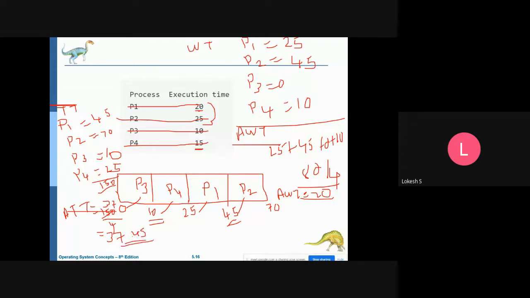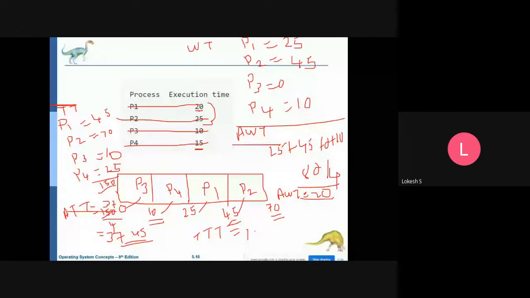So that is the average turnaround time. The total turnaround time is 70, since all the processes completed their jobs by 70.